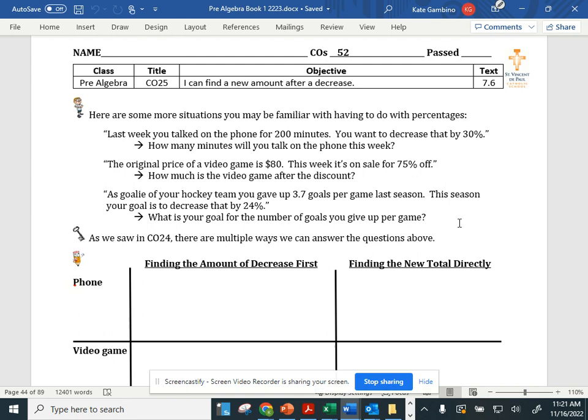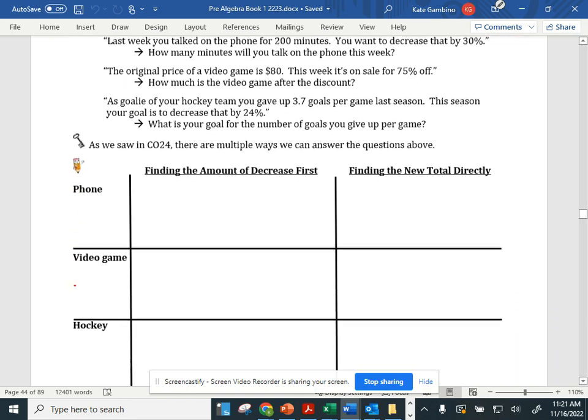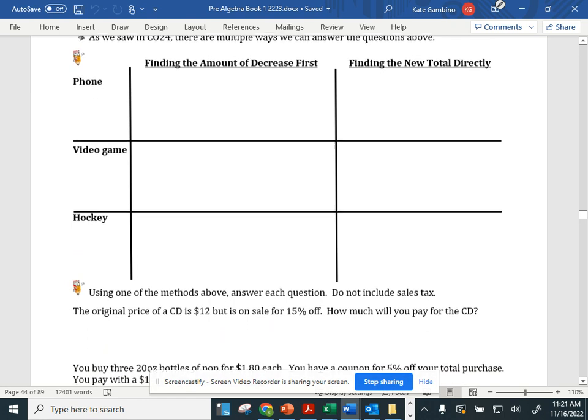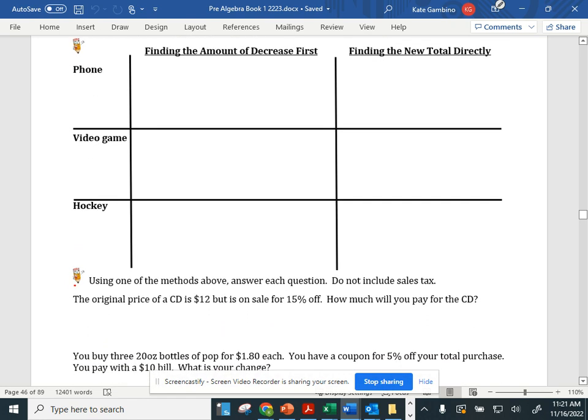So as we saw in CO24, there are multiple ways we can answer the questions above. We could find the amount of decrease first, just like we found the amount of increase and then added it on. We're going to find the amount of decrease and then, spoiler, what are we going to do? Subtract it, because it's a decrease.